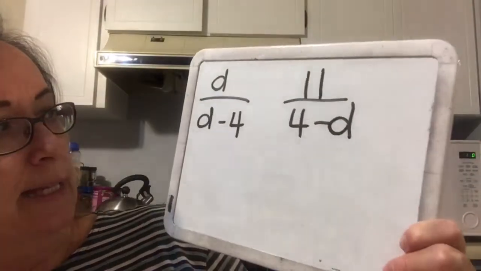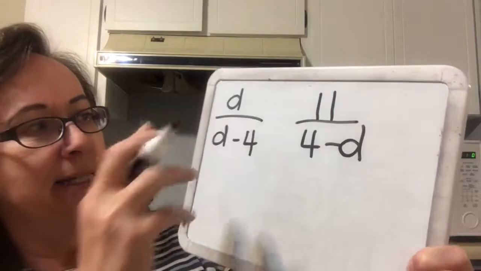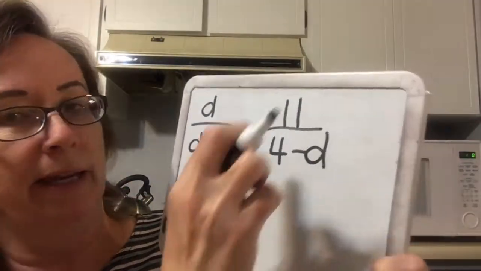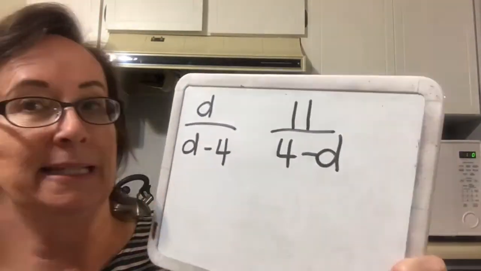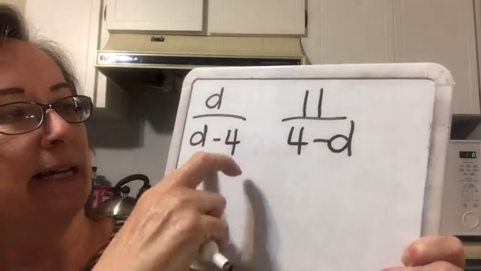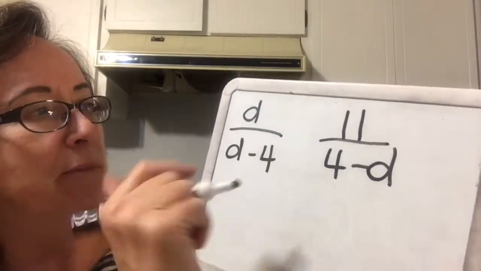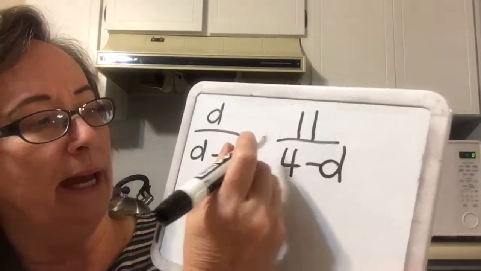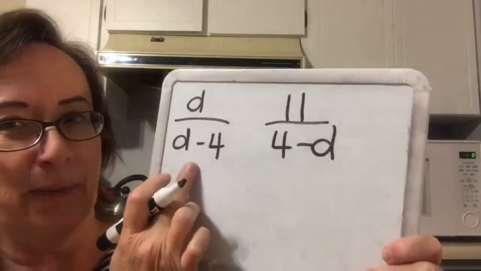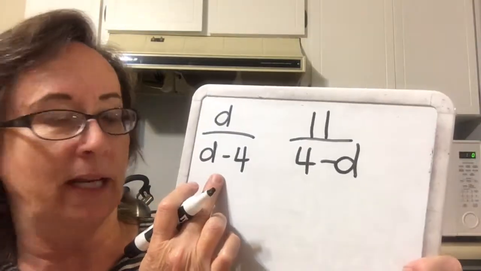So here is one more. We have d over d minus 4 and 11 over 4 minus d. Since I recognize these two as being negatives of each other, I'm just going to go ahead and change one. Since this one is in descending order, I'm going to leave it alone.